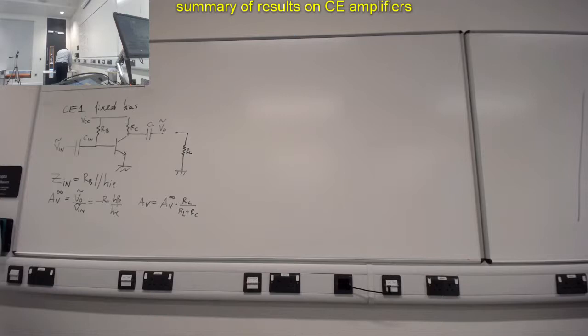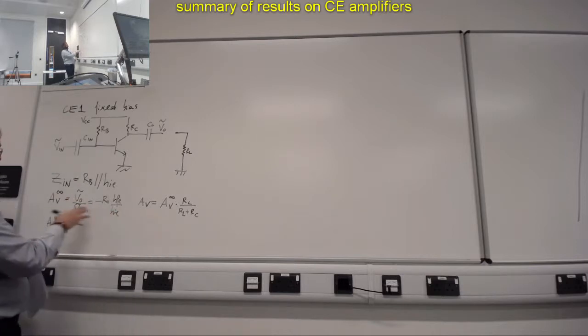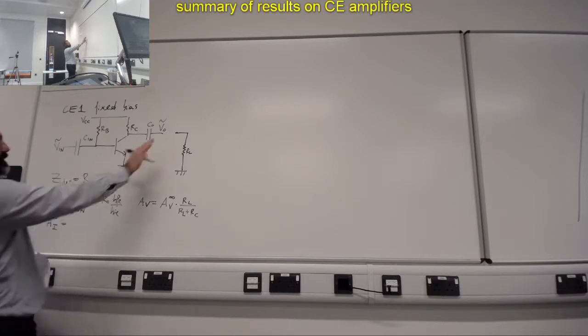And the current gain was, we had also, for the current gain, I didn't explicitly write it down last time, but it's useful also to write the gain in a similar way as we did here. So here we say, okay, let's assume that we have no load.